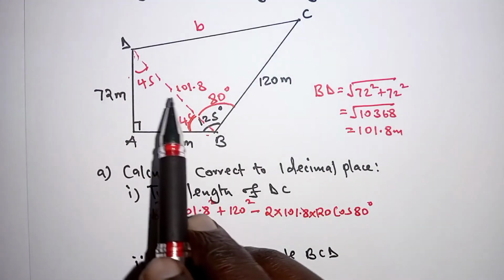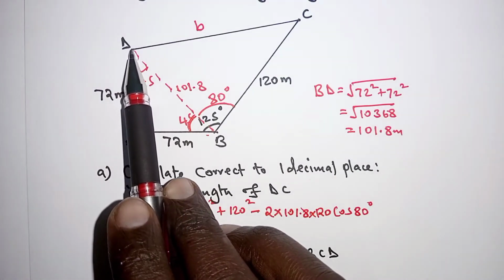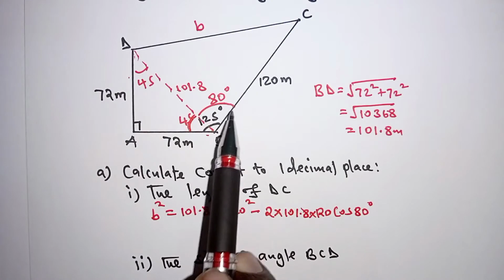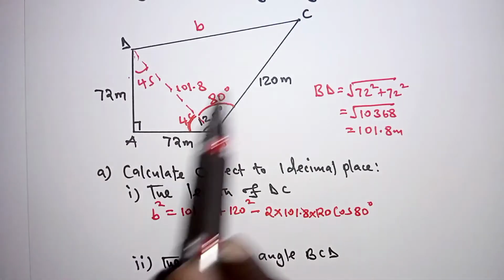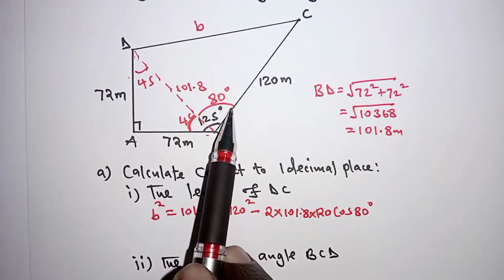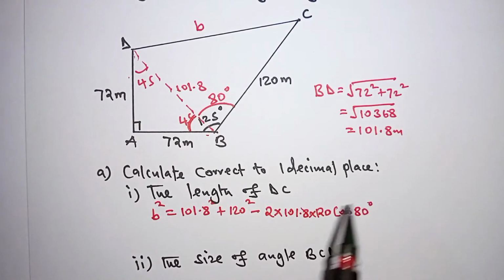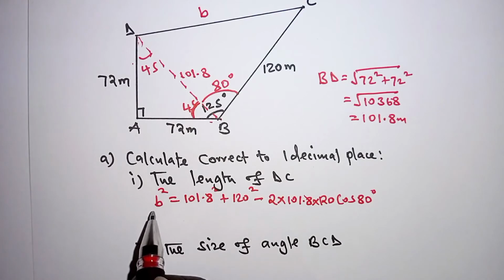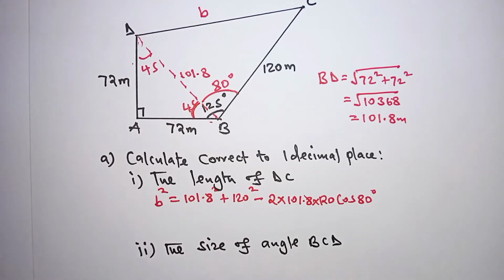Now remember, we are to use the two sides with an included angle. So when you consider the two sides, the included angle is 80 degrees. That's why we're using it. And the angle here is angle B, which is opposite side B.